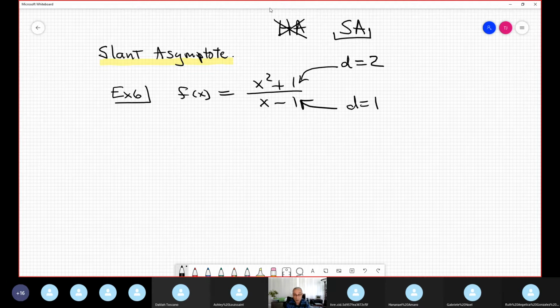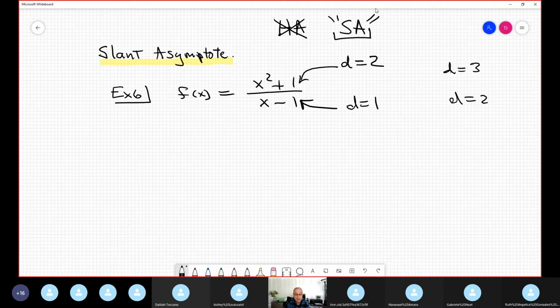So when the degree of the numerator is bigger by exactly 1, not 2, no 3, no 4. That is, suppose the degree in the bottom is 2, then the degree in the top should be 3. One more. We have a slant. Otherwise, no. It's very, very picky, the condition, right?